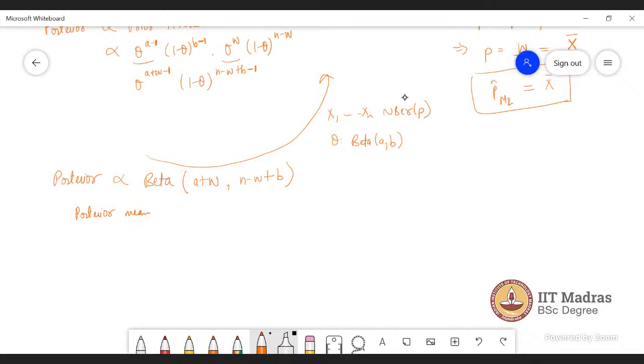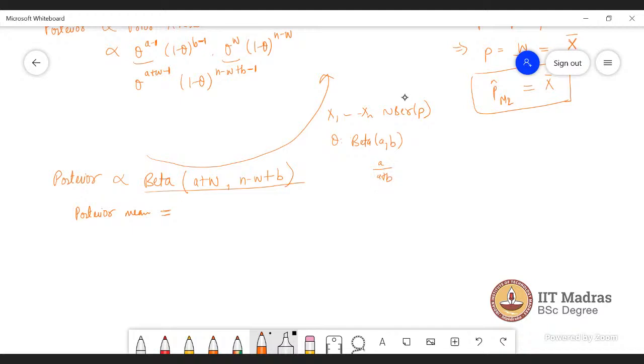And if the distribution is beta with parameters A, B, the mean is given by A upon A plus B.